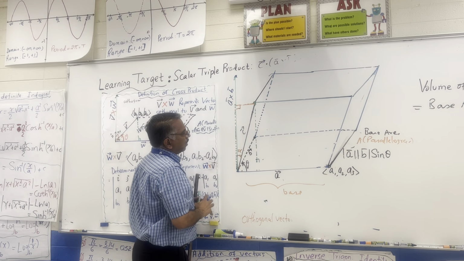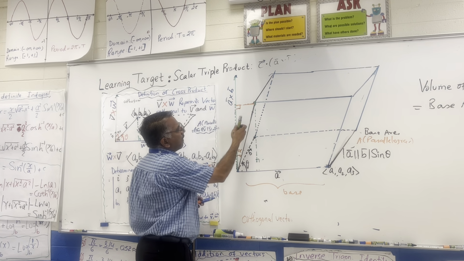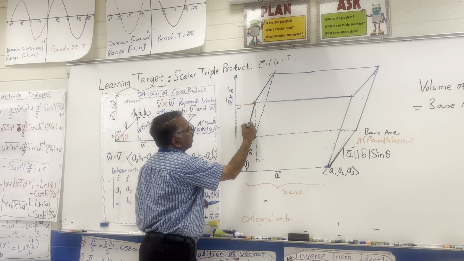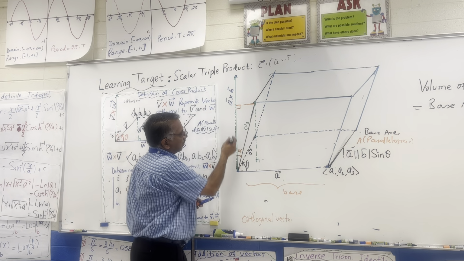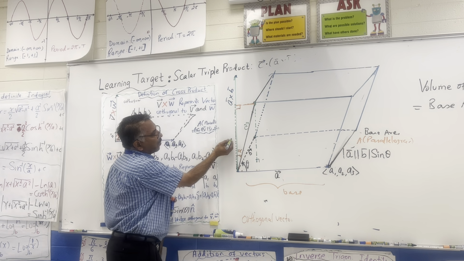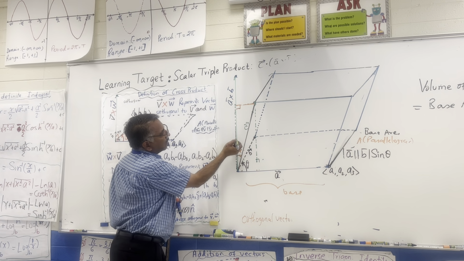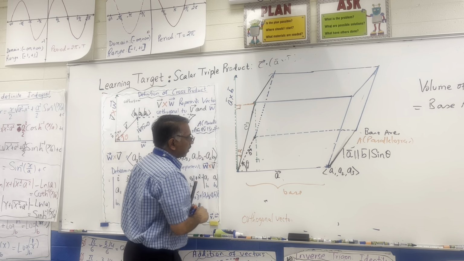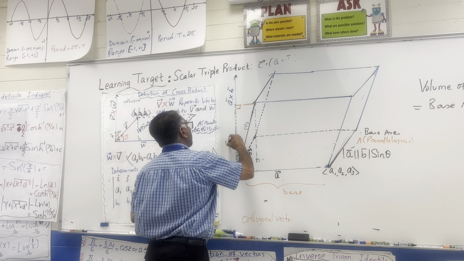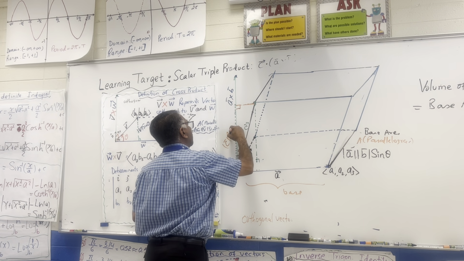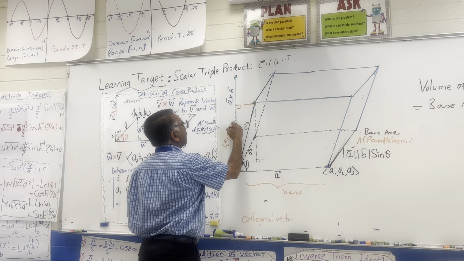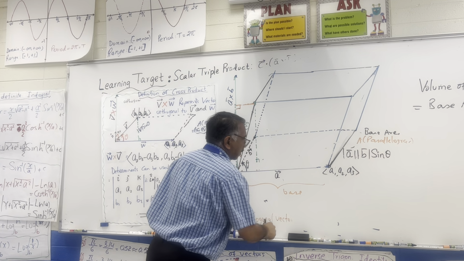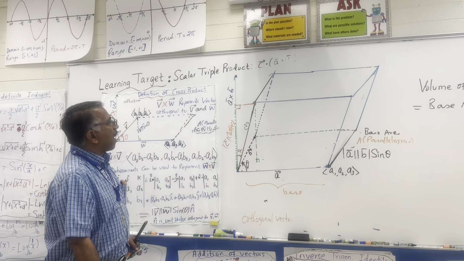So the adjacent is always the hypotenuse times cosine, so this becomes the magnitude of C bar times the cosine of alpha.